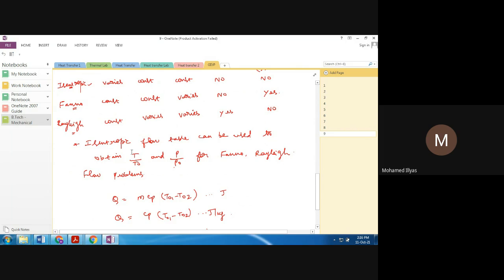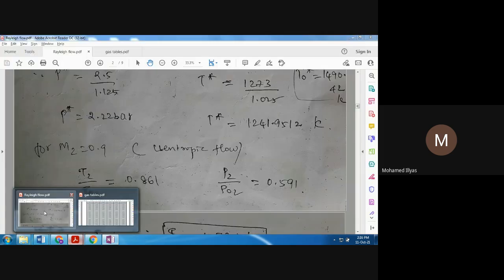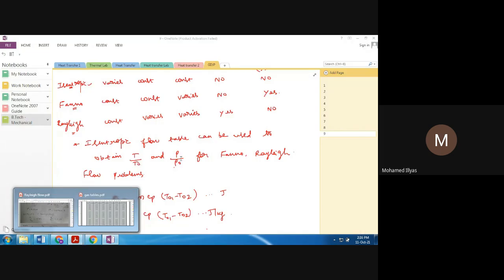So for taking only these two ratios, we can use isentropic flow tables for Fano and Rayleigh flow problems. We need to remember this because this has been obtained from the adiabatic energy equation. This equation is applicable for all these flows. The reason is they don't want to repeat it again in the Rayleigh and Fano flow tables. That's why we are referring to the isentropic table.